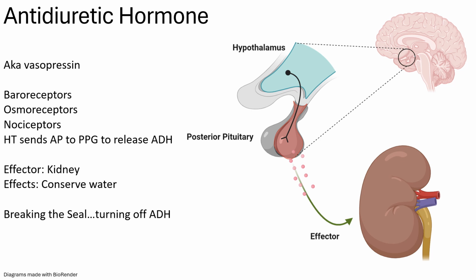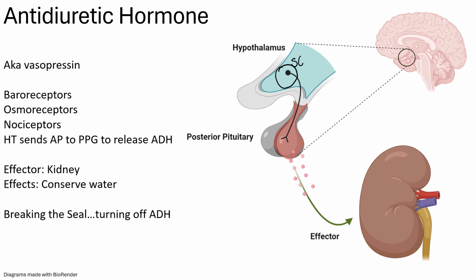So let's use the example of blood saltiness, because we're going to see that again and again in this class. When your blood becomes salty, or better said, when your blood's osmolarity, or its colloid osmotic pressure, increases, osmoreceptors in the hypothalamus sense that increase and detect it.